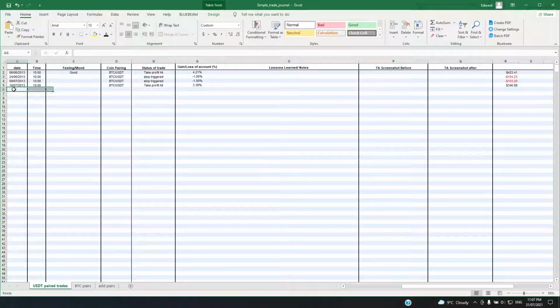So I took that trade out on the 2nd of September, 9th, 13, 10 o'clock.